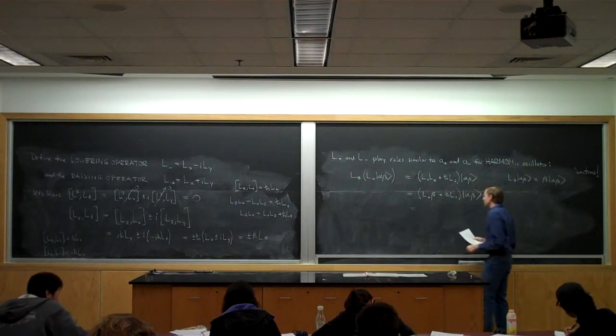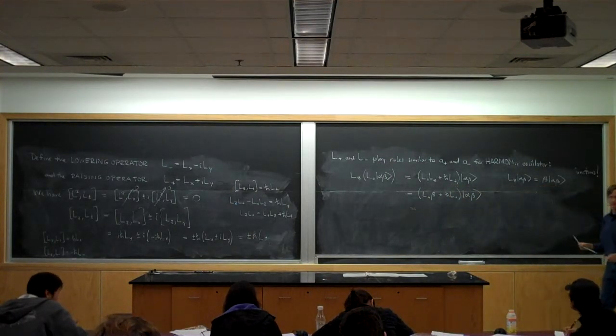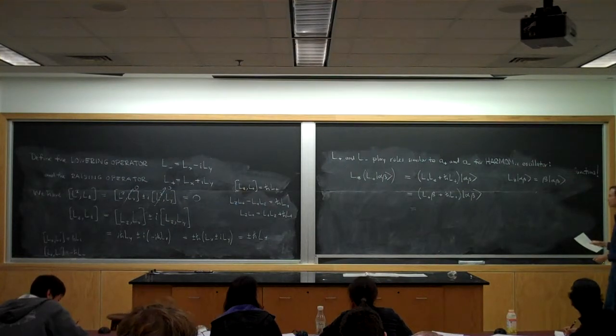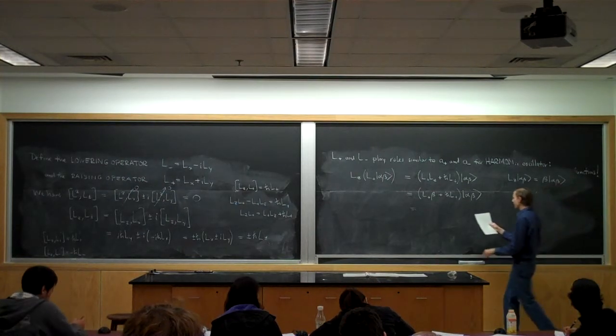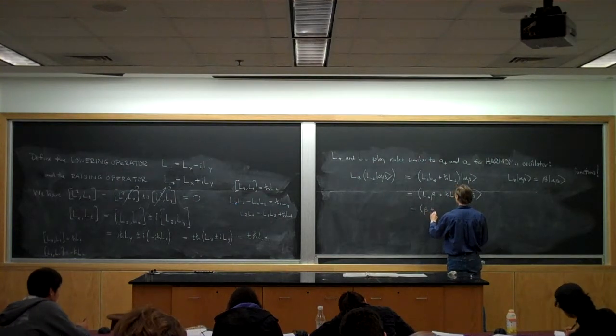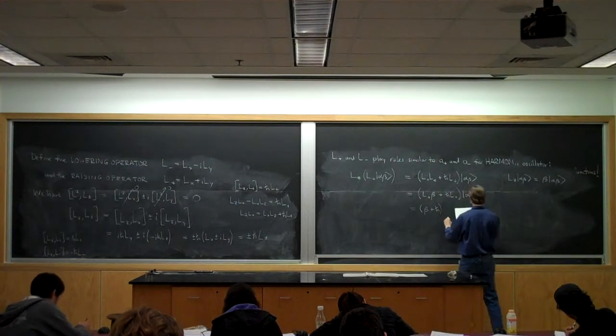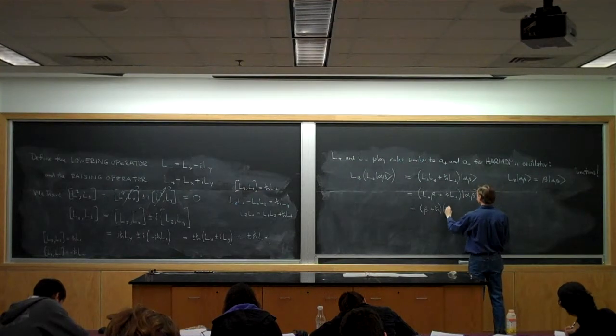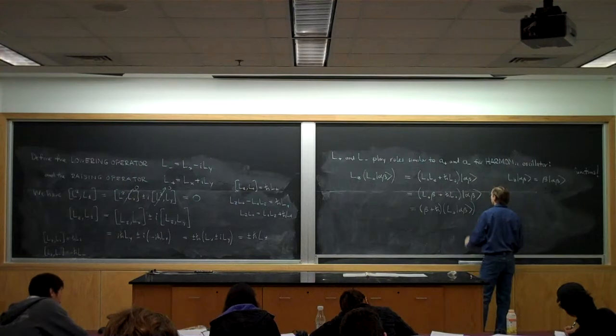But beta and h bar are just numbers, and they are both multiplied by L plus, so I get to factor them out. This factors into beta plus h bar multiplied by L plus alpha beta.